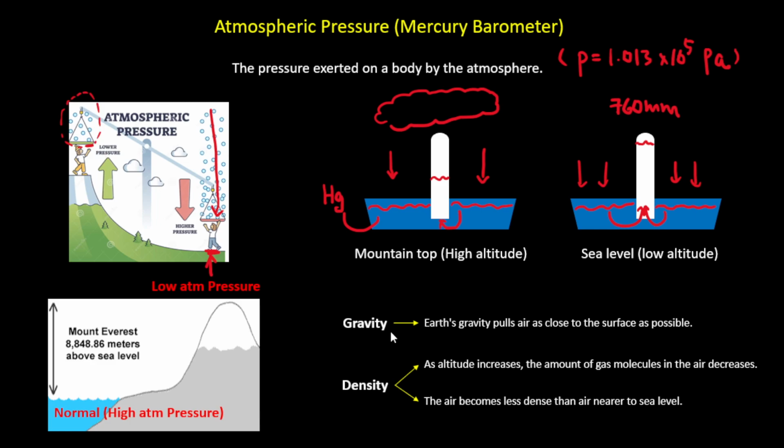So the air becomes less dense than at sea level, and that is why there will always be lower pressure at the top of the mountain, and higher pressure for us on the ground or near sea level all the time.